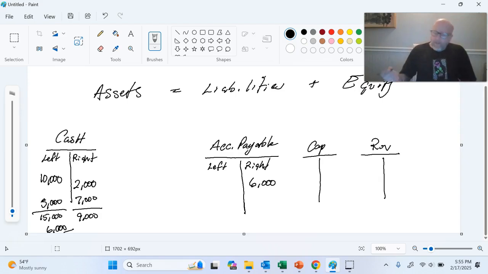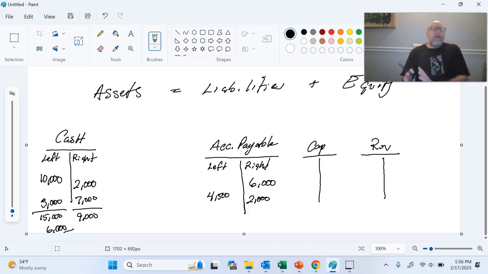I could purchase more supplies on account. And then if I chose to make a payment to lower accounts payable, say I wrote a check for $4,500 to pay down some of the amounts that I owe this particular vendor, I would show the reduction to accounts payable on the left side of the T account.